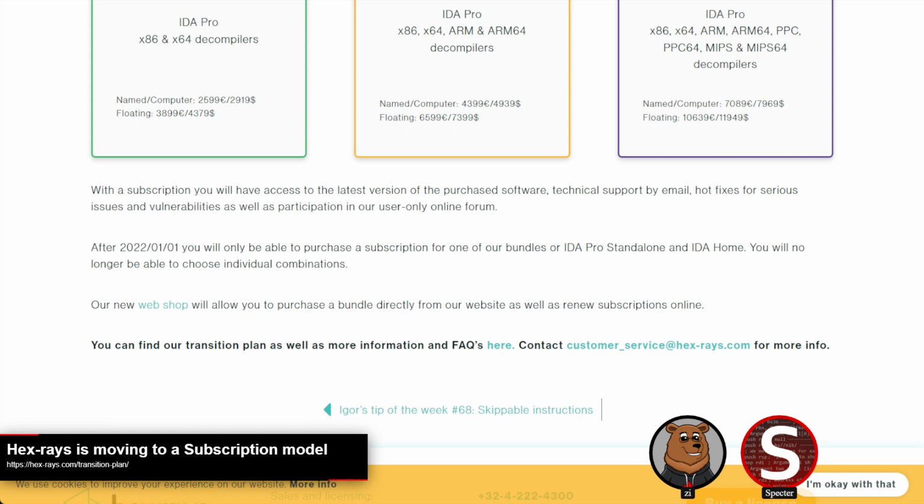For the hobbyist, or not the hobbyist, I should say the independent researcher, people who aren't working for a $1 million corporation or something, I think there will be a bit of a move to Ghidra, if there hasn't been already. I think this might be enough to drive the needle far enough on the dial to get people to at least consider moving to something else.